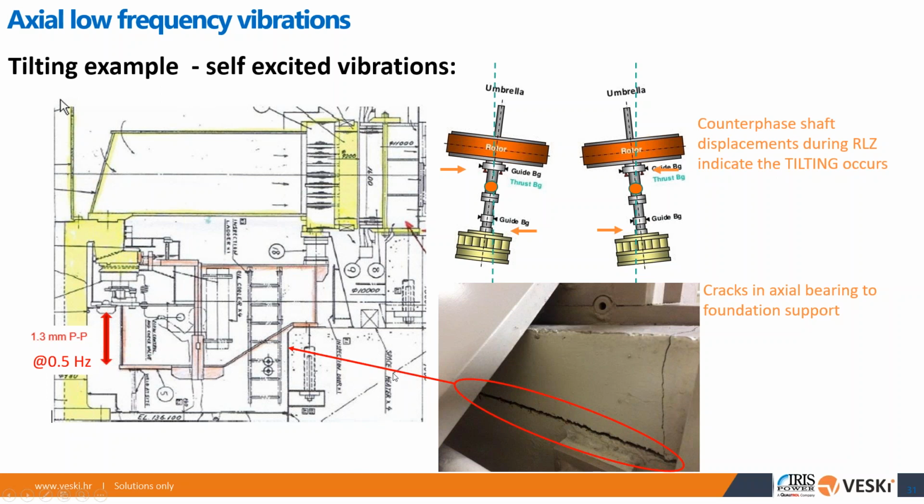So these cracks are more than expected. It's something that has to happen in this area because this is the support position, and when this wobbles it goes up and down by 1.3 millimeters, and this machine has, I don't know how many hundreds of tons. That's very bad. All right.